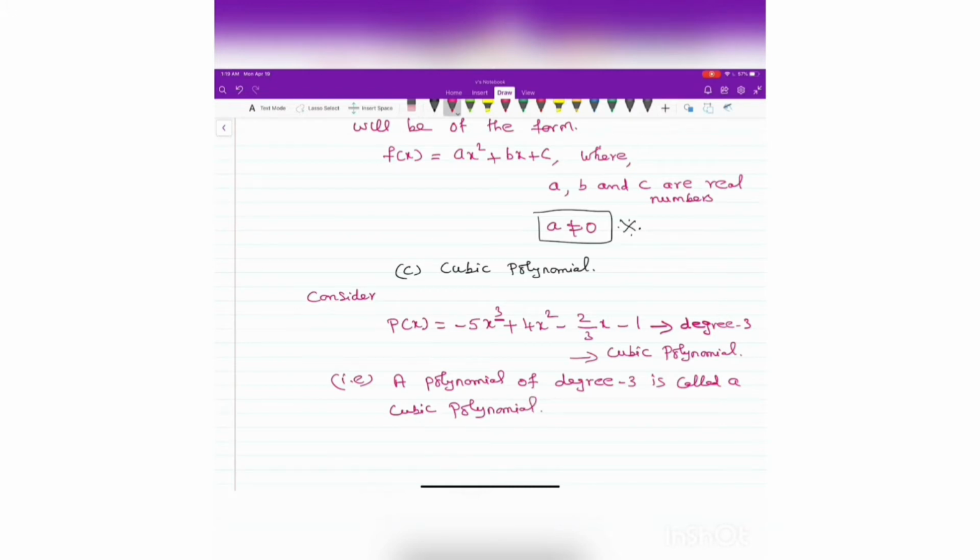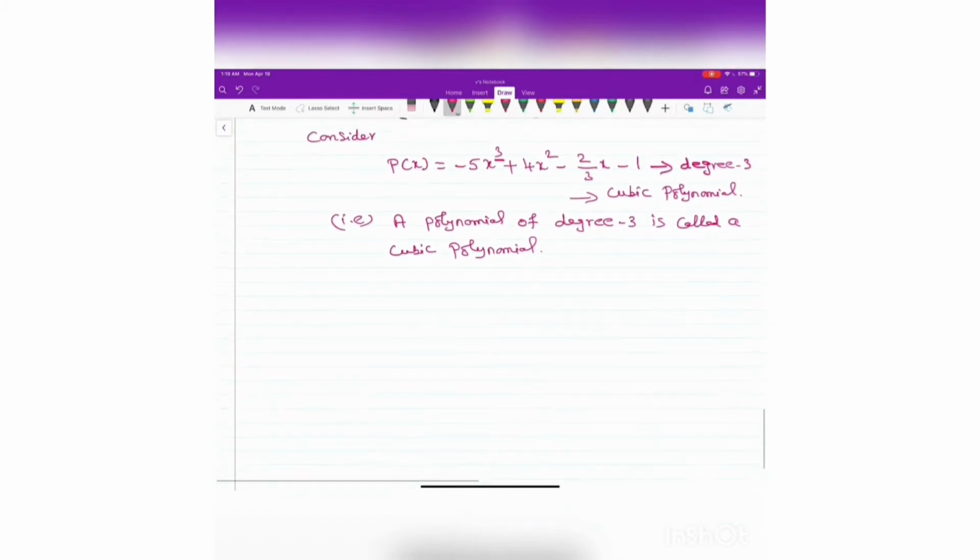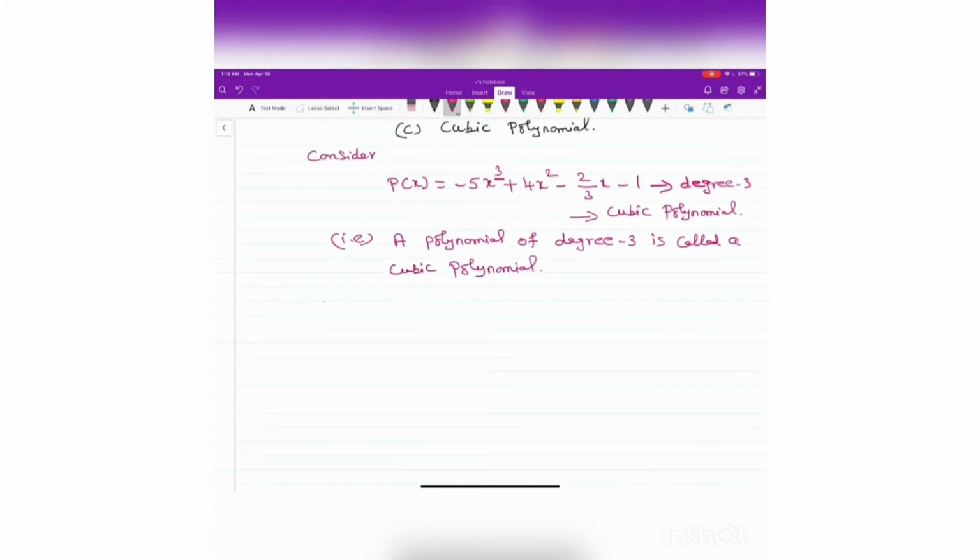Okay, what are the things we can infer from this cubic polynomial? The first point, just consider P of x is equal to minus 2x cube plus 5x square minus 3x plus 2.